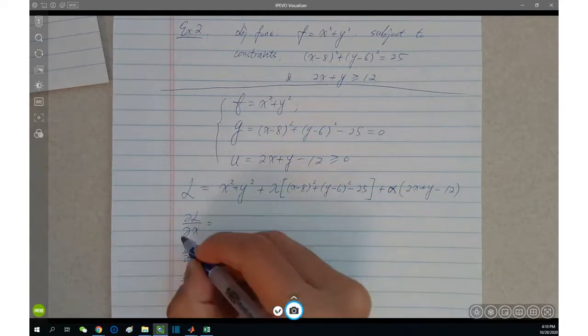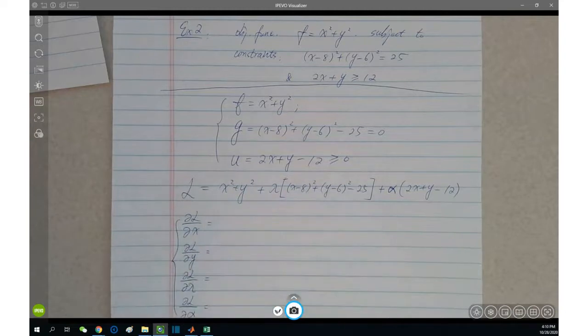So 4 simultaneous equations to solve at least for x and y. Because we probably don't have to find out alpha and lambda.